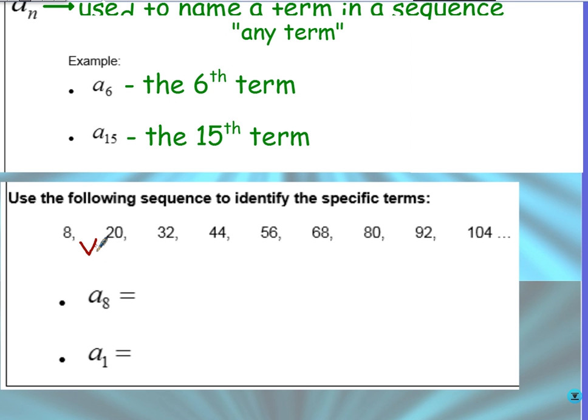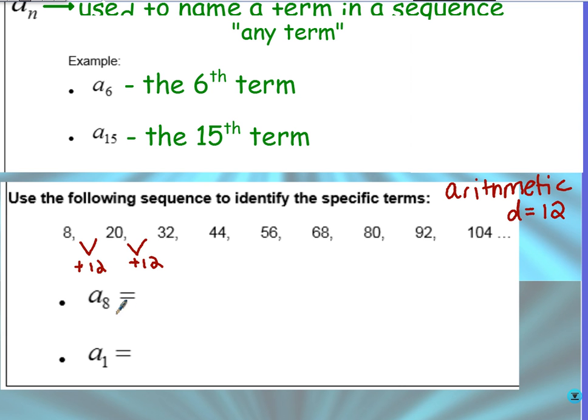With this one, it is going up by 12. We're adding 12 each time to get to the next term. So remember, this means that this sequence is arithmetic. And remember that 12, the common difference that we are adding over and over again, stands for the lowercase d, common difference.